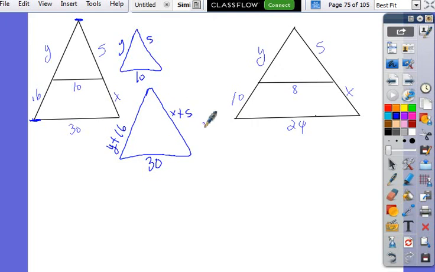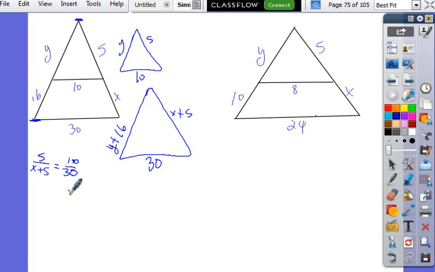Once I have this, now it's just similar triangles. If I want to solve for x, I would say 5 over x plus 5 equals 10 over 30. Does everybody see where that came from? I did the 5 from the small triangle, x plus 5 matches it in the big one.